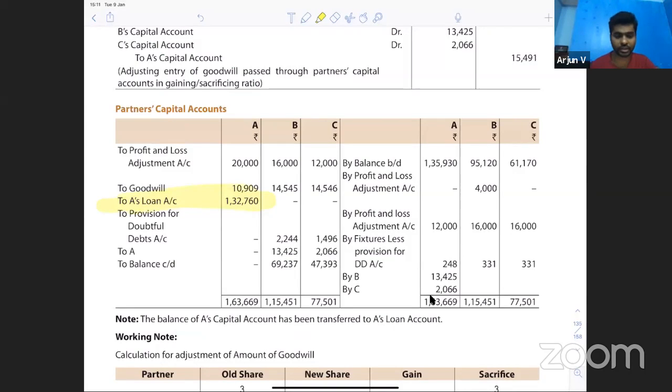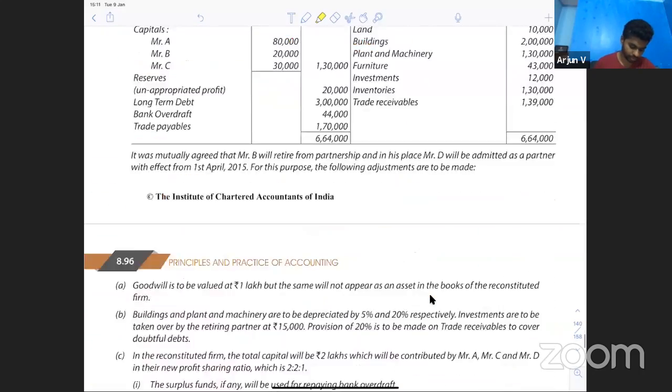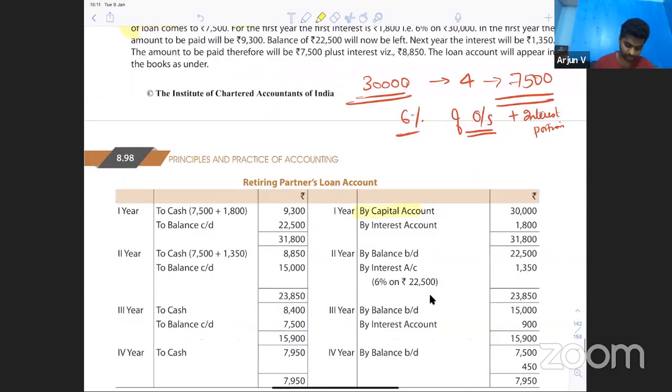So when I'm doing the partner's loan account, it is going to appear on my debit side. Whatever I write on the credit side in the partner's capital account, here it's going to appear on my debit side. So here I would be writing it as by capital account 30,000.